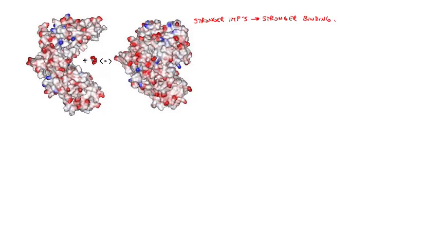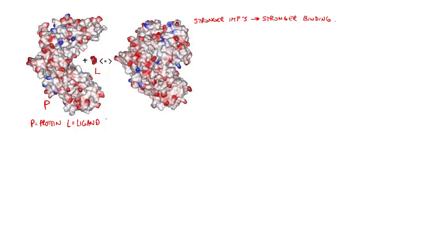So let's come up with a way that we can express this quantitatively. We're going to define our protein with a capital P. And whatever small molecule we're binding to it, we're going to call L. P stands for protein. L stands for ligand, which is just a general term for anything that your protein binds to.